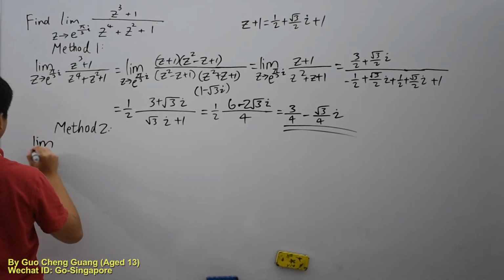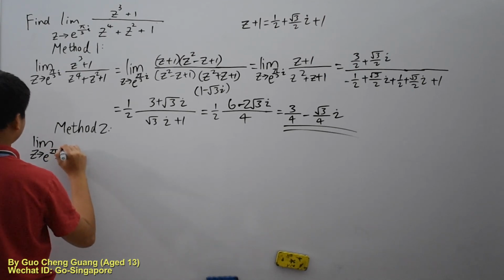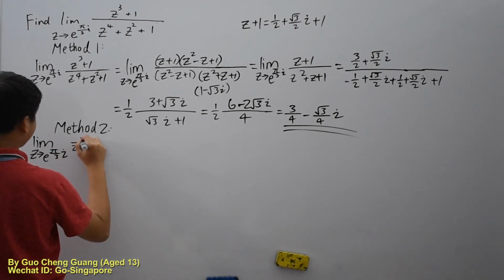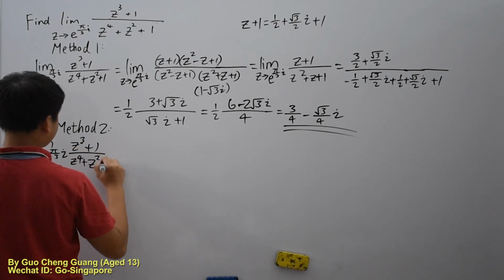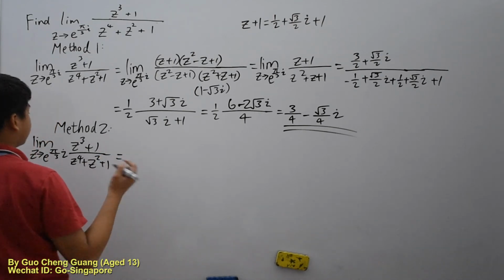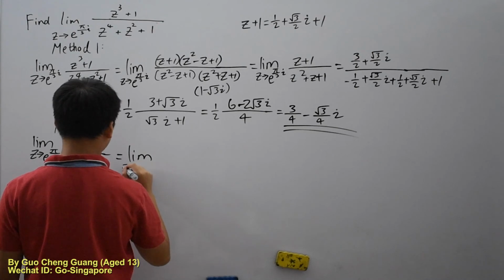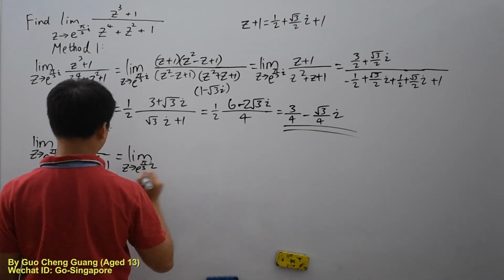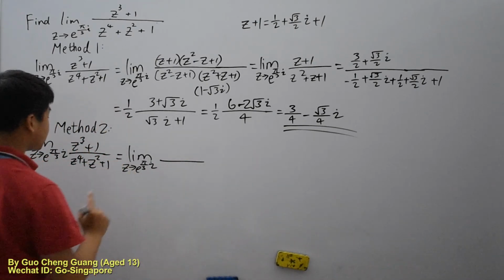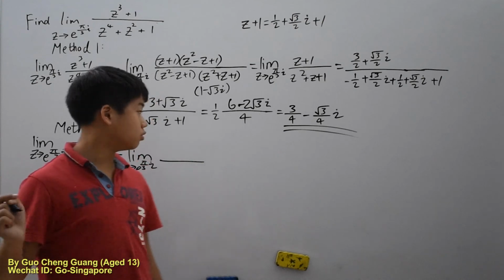So method 2, from this part, it would seem a lot simpler. Just to let you know, it will seem a lot simpler. But at this part over here, what we will have to do is, you see the form of the denominator? In that form of the denominator, you could just take z squared as one variable.